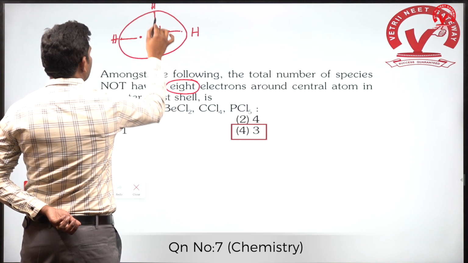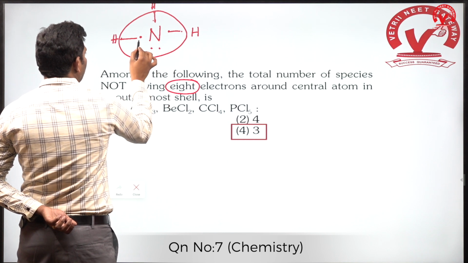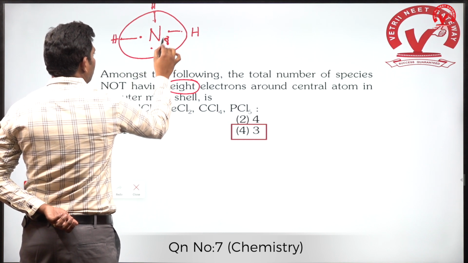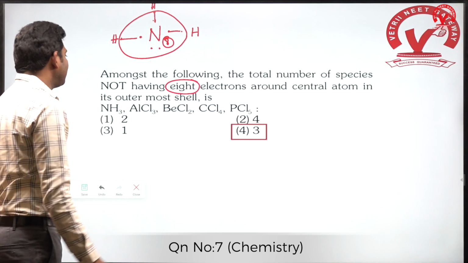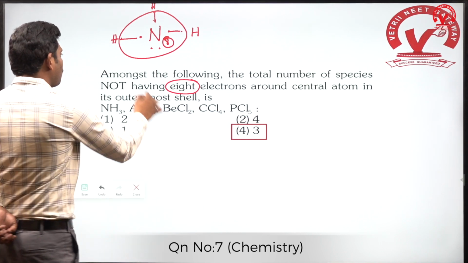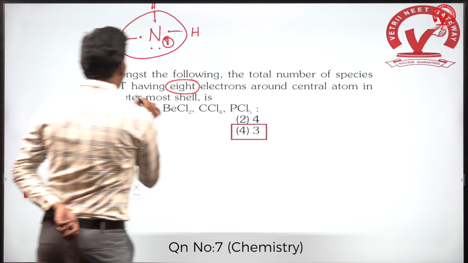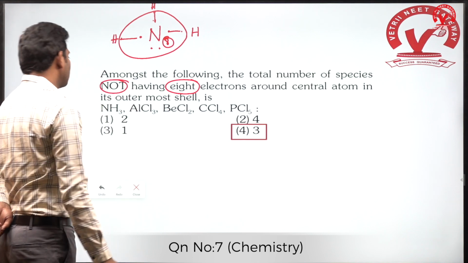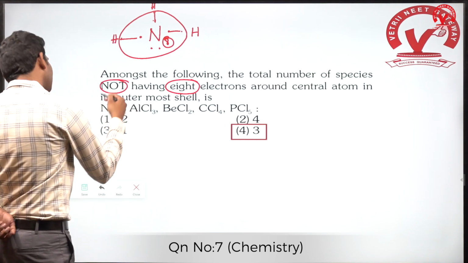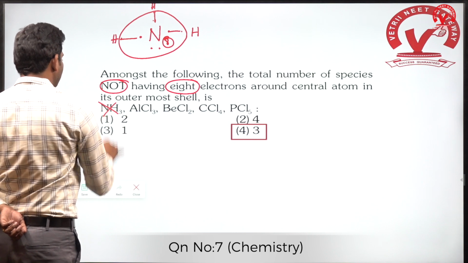So 1, 2, 3, 4, 5, 6, 7, 8. In the ammonia molecule, nitrogen has 8 electrons. So this one you can leave it.